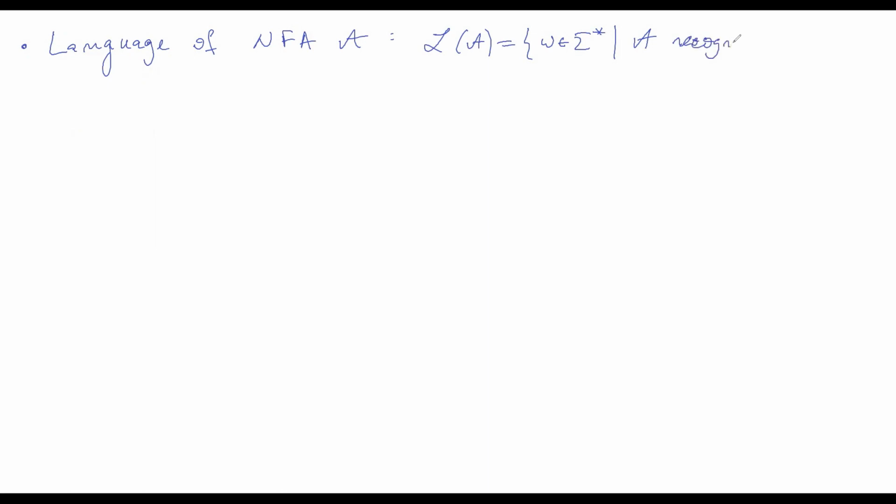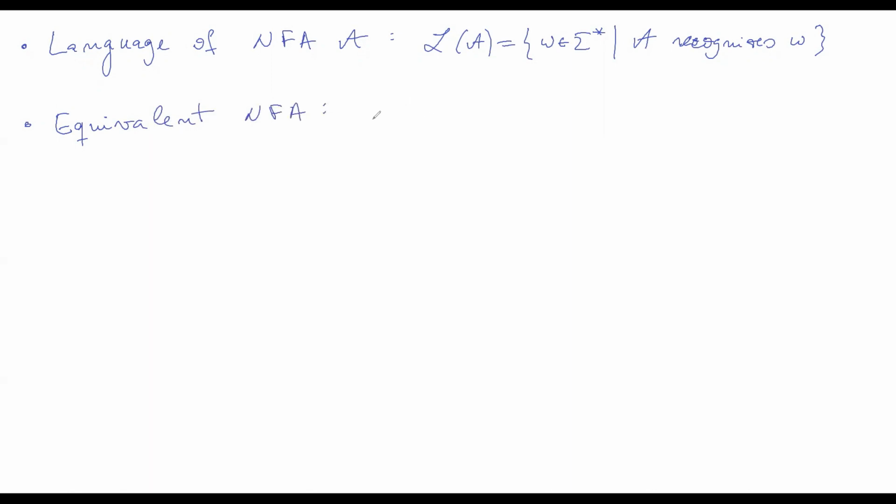And the language of a non-deterministic automaton A is defined to be L of A, which consists of all the words in sigma star such that A recognizes or accepts W. And with this concept, we can also define the notion of equivalent automata, just like we had for deterministic automata, so equivalent non-deterministic finite automata.